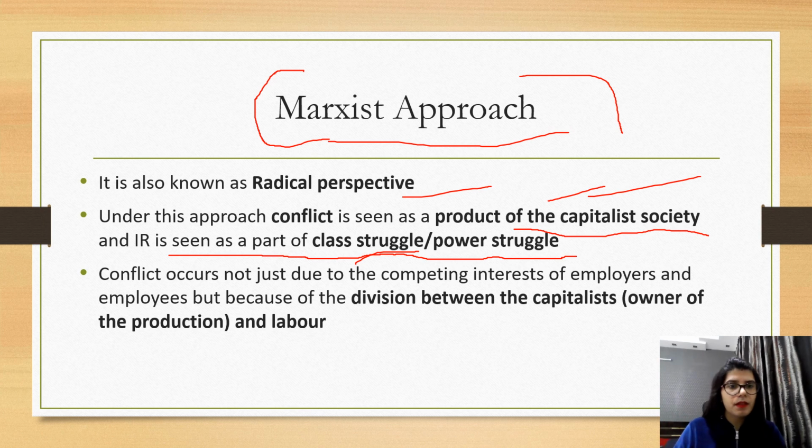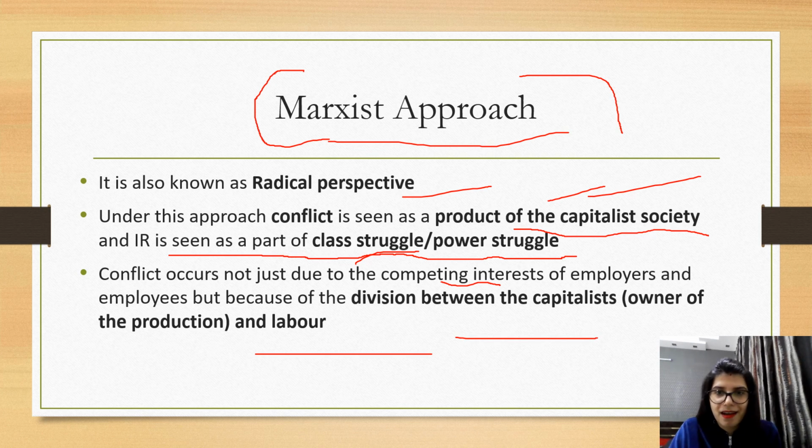Okay. Now, conflict occurs not just due to competing interest. Do you remember in pluralistic approach, we just studied before this approach, what we said that conflict arises due to competing interest. But here it says कि conflict occurs not just due to competing interests, but also due to the division between the capitalist and the labor.